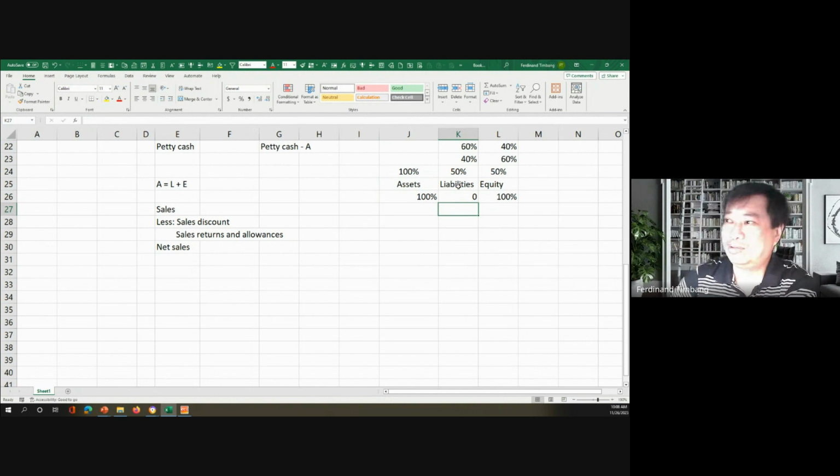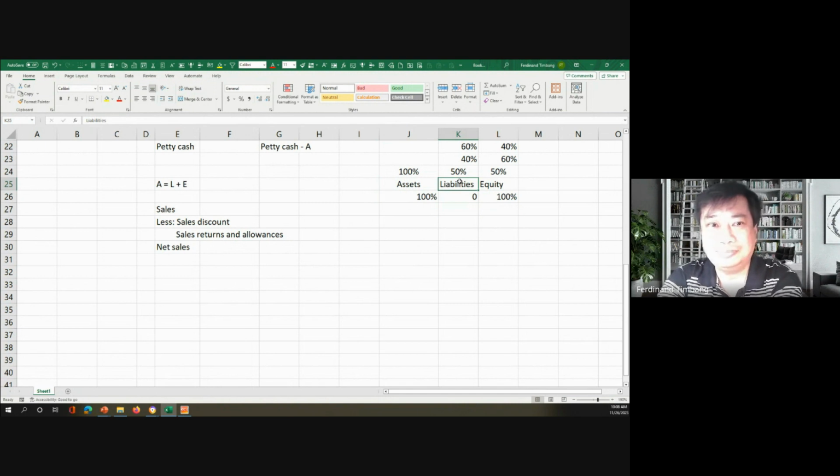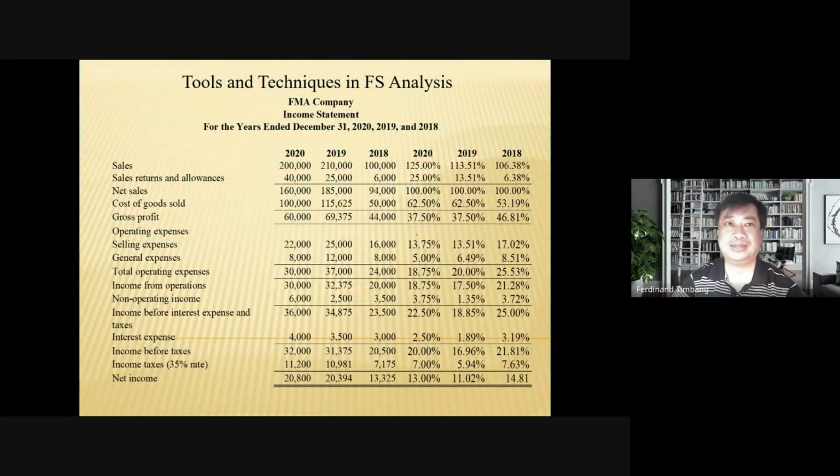Because you're not using the power of liabilities, you're not using the power of leverage. So, to answer that question, tulad ng sabi ko, walang standard dyan.